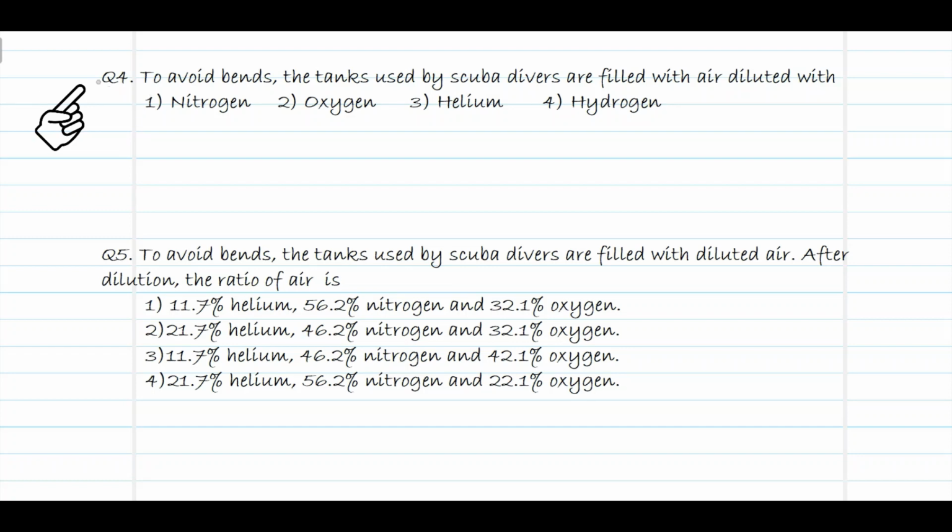Question 4. To avoid bends, the tanks used by scuba divers are filled with air diluted with what? The question is about bends. What is meant by bends? In the case of scuba divers, when they go deep in the water, there will be high pressure. The increased pressure increases the solubility of gases in blood.